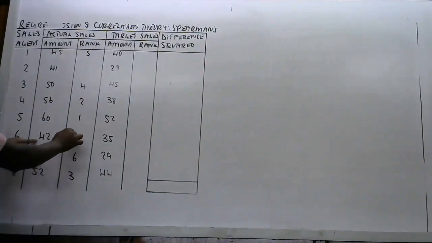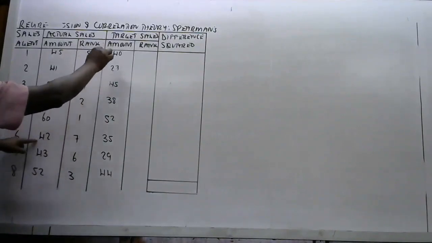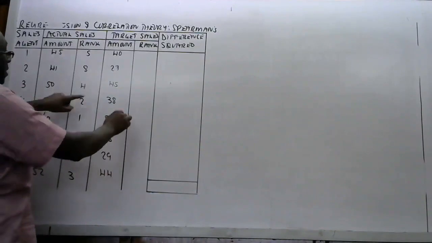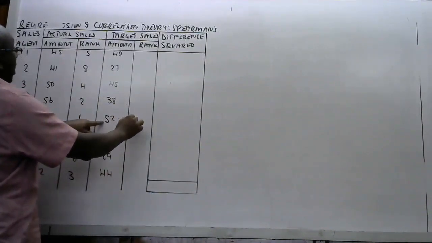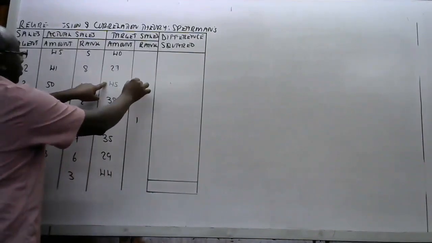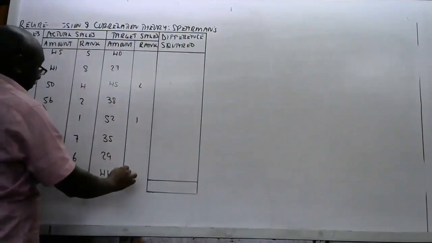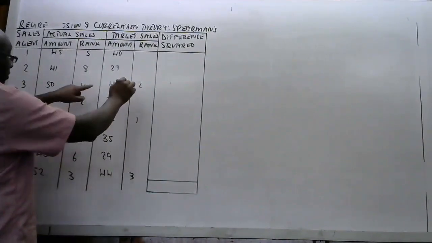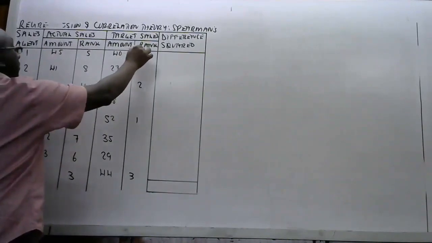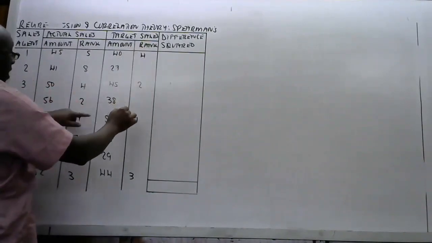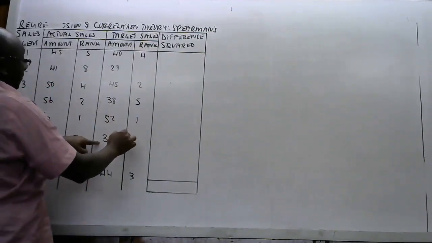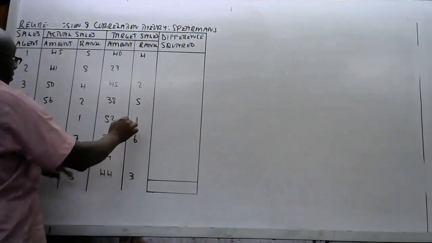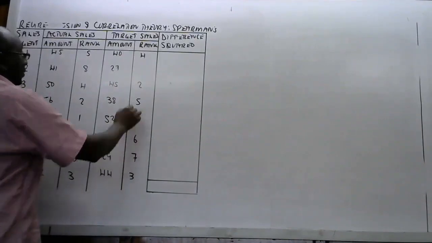This is number 7 and this is number 8. Coming to target, number 1 is this one of 52, followed by 45 as number 2, followed by 44 as number 3, followed by 40 as number 4, followed by 38 as number 5, followed by 35 as 6. Followed by this one as 7 and this one as 8.